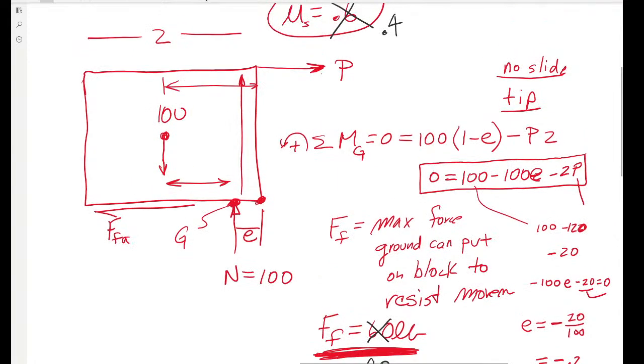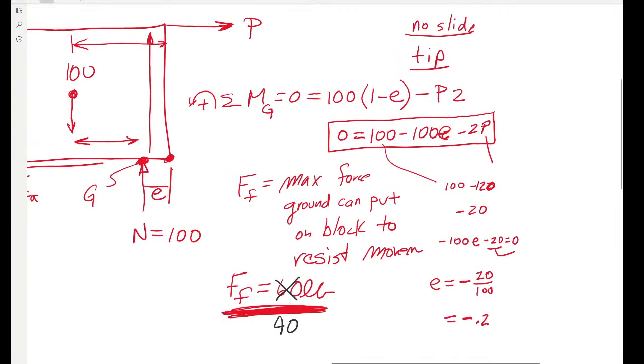So that means it'll start sliding at 40, which means I can go over here and slip this in at 40. So my equation for mu equal to 0.4 becomes 100 minus 100 E minus 40 pounds times 2, which becomes 80.